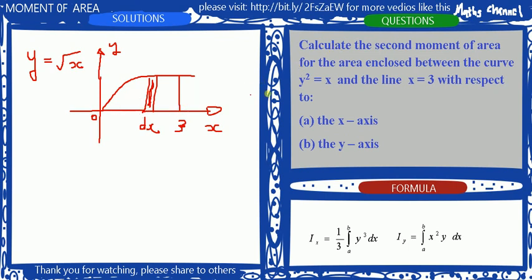Okay, this has already been drawn. If you're not sure how to draw this equation, it's similar to this one. If you know how to draw this equation, you can draw it like this.